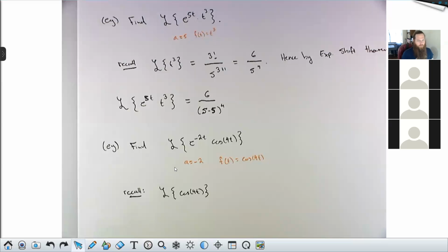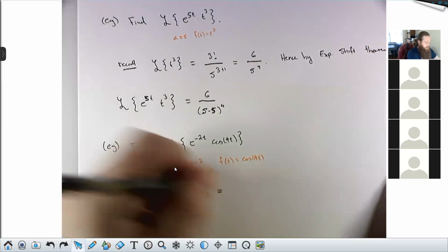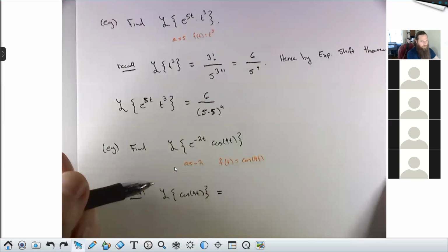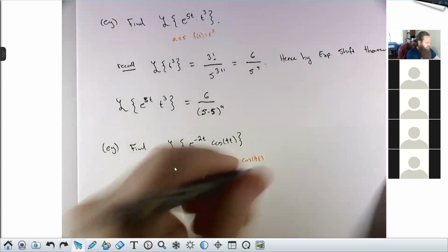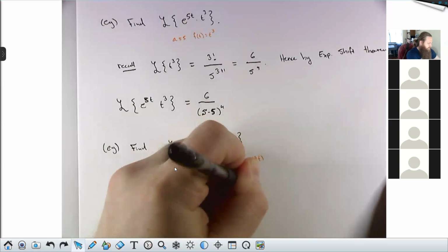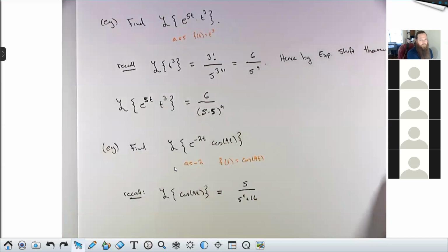So what is the transform of cos 4t? Does anybody remember that one? It would be s over s squared plus 16. Very good. So the Laplace transform of cos kt, I'm not going to use a here because we're already using a, cos kt is s over s squared plus k squared. So this Laplace transform is s over s squared plus 4 squared, which is 16.